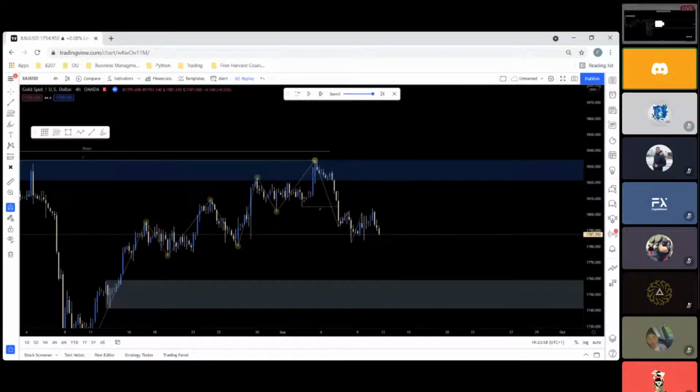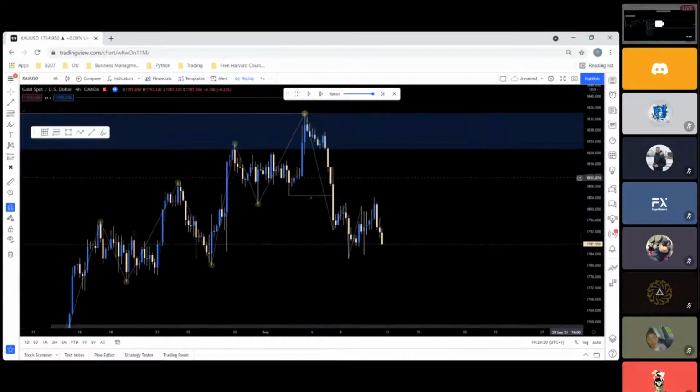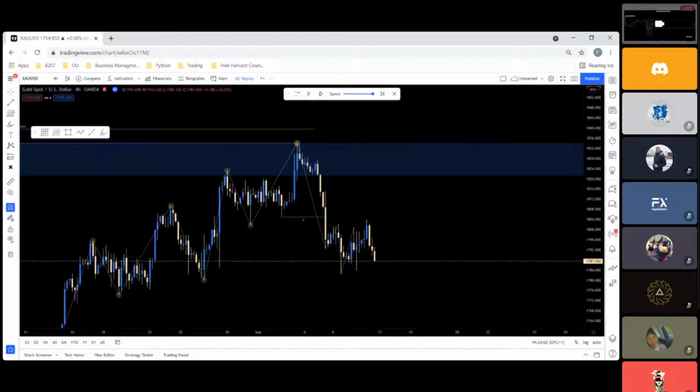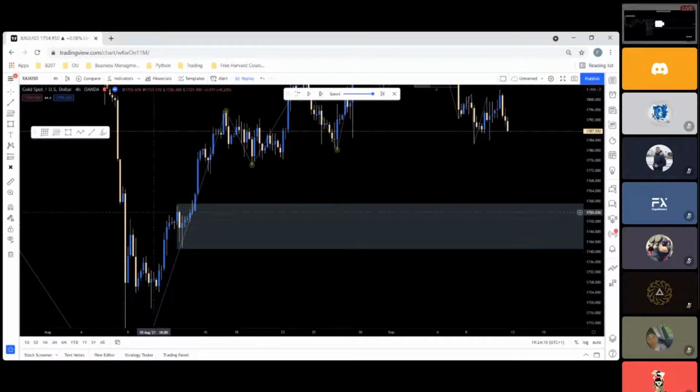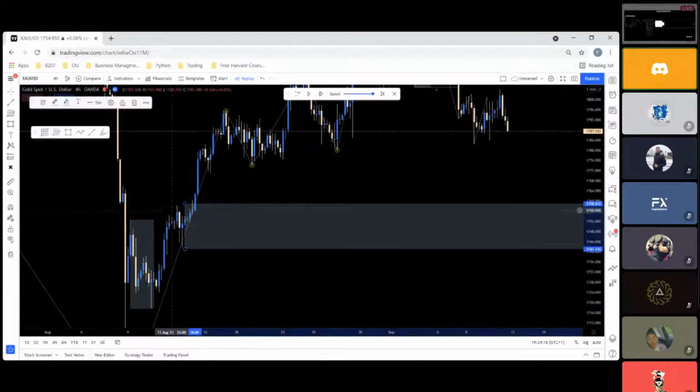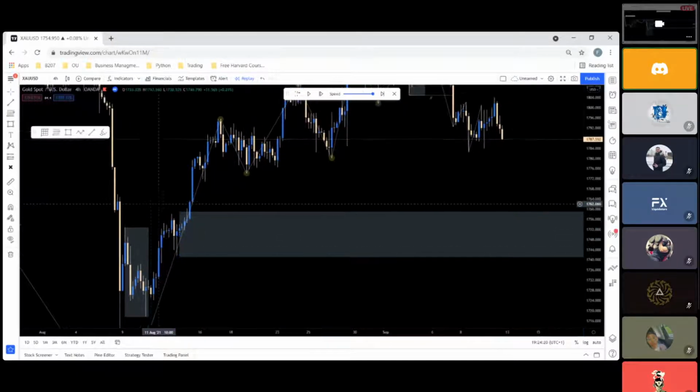So for me, I'll have this highlighted. Yeah, I'll be looking at this most likely. And I suppose this is also a valid order block within the 8 hour POI we had.